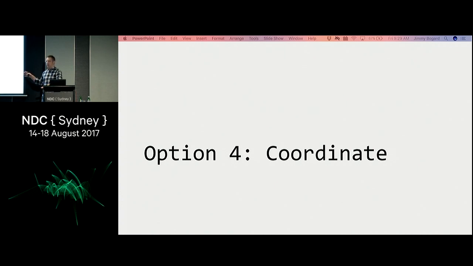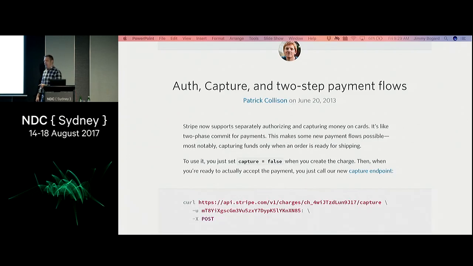Has anyone logged into their bank account and seen a balance and a pending balance? Well, the pending balance is pending transactions that have not yet cleared for the day. And Stripe supports this concept out of the box. They call it authorization and capture, a two-step payment flow.